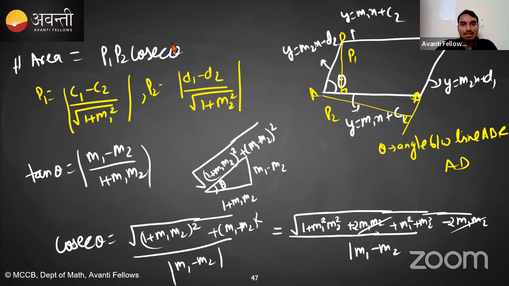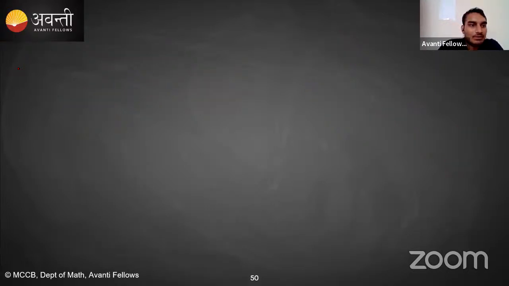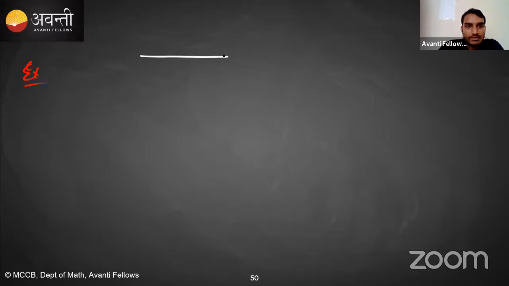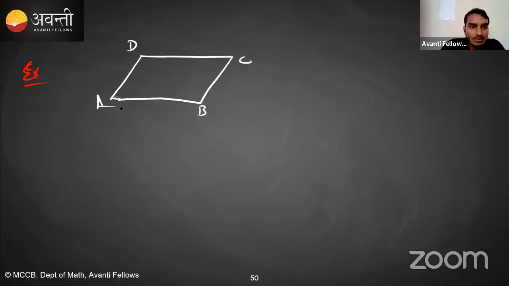Let's do a small question. Let's say, for example, suppose this is your parallelogram. Let's say this is your parallelogram, and let's say this line is A, B, C, D. This line is, let's say, 2x plus 4y plus 6 is equal to 0.